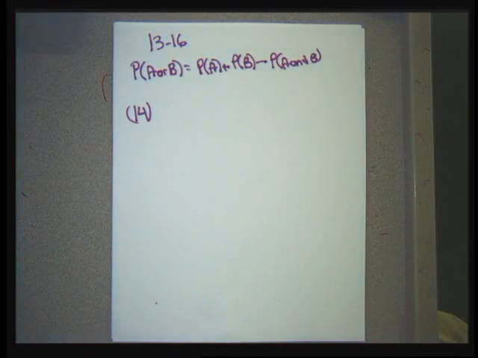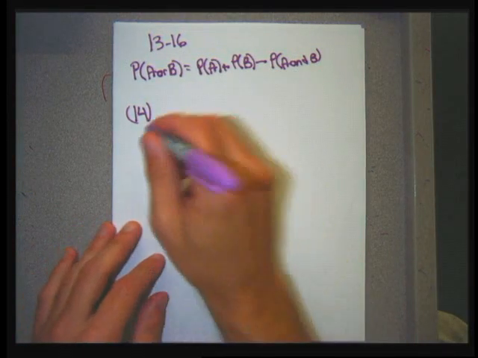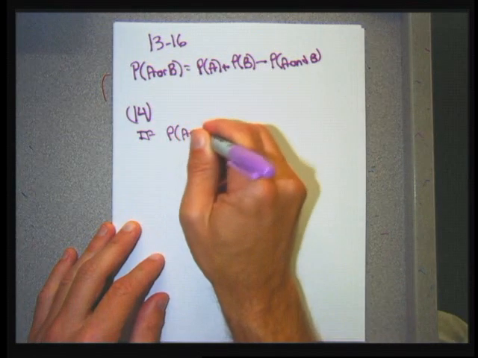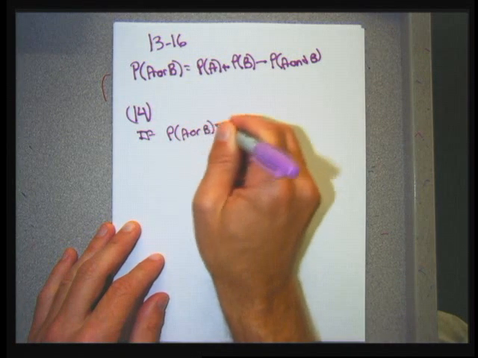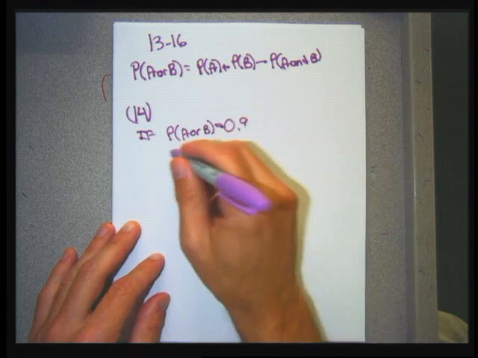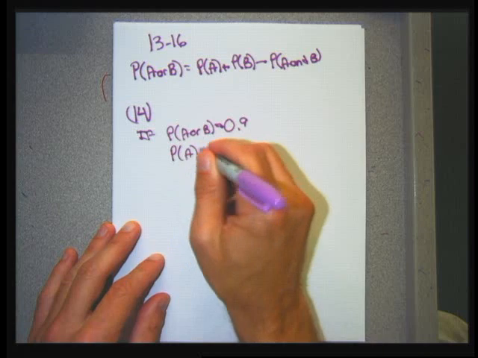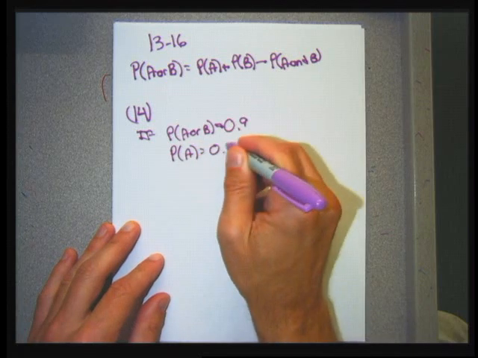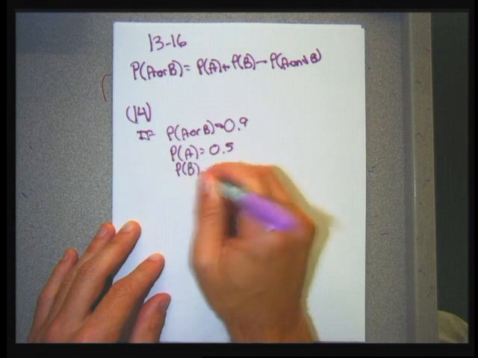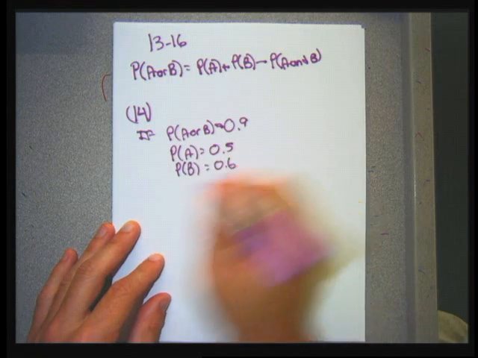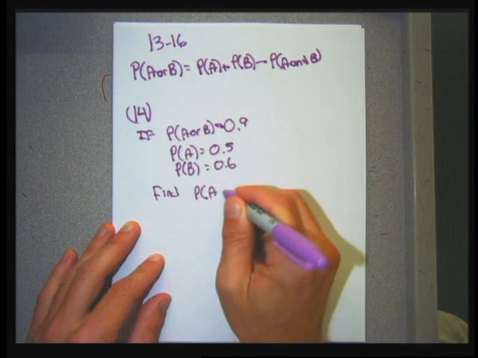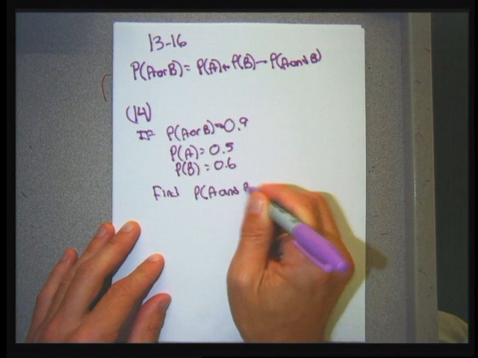In problem 14, the author says if the probability of A or B equals 0.9 and the probability of A equals 0.5, the probability of B equals 0.6, find the probability of A and B.